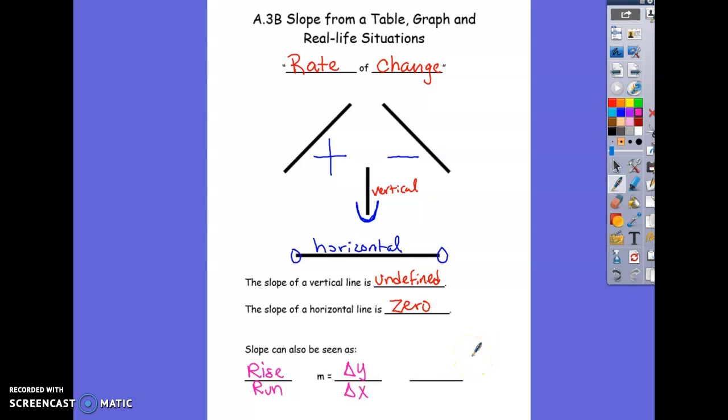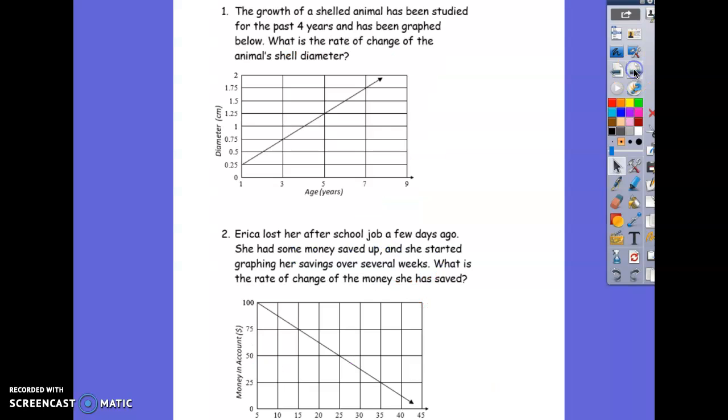And it could be seen as rate of change. Okay, so any of those ways you can figure is the same thing as slope. So we're going to turn the page and we're going to start working on some of those real world problems and see how slope is incorporated into those different cases.